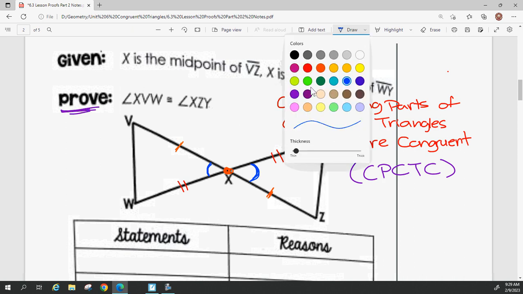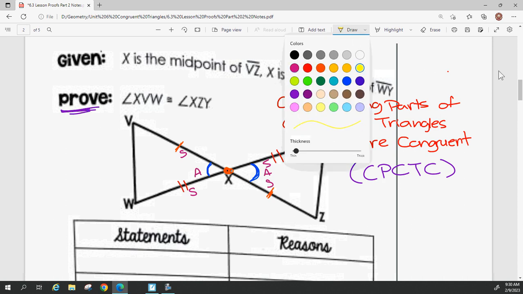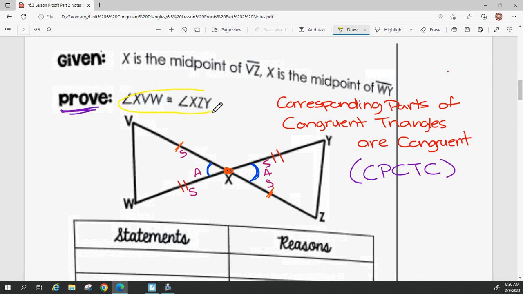Hopefully you can see here that we have side angle side, and we are going to show that the triangles are congruent by side angle side. After we say they're congruent, we'll be able to prove that these two angles are congruent: XVZ, that one up here, and XZY, that one over here.